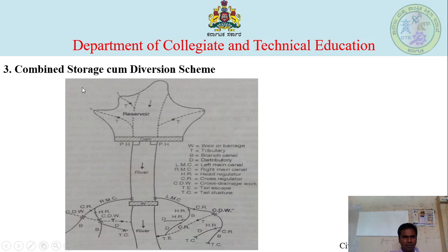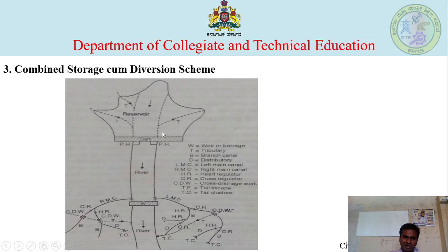Third one is the combined storage cum diversion scheme. Here, this is a combination of direct irrigation as well as indirect irrigation. Here, we are going to construct a dam, and by this construction of the dam, we are going to store the water on the upstream side of the dam.